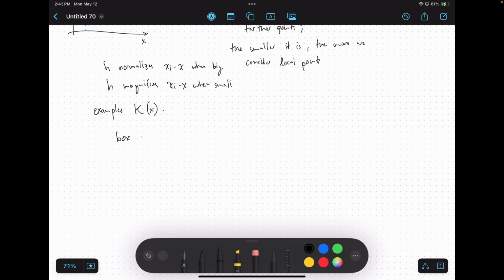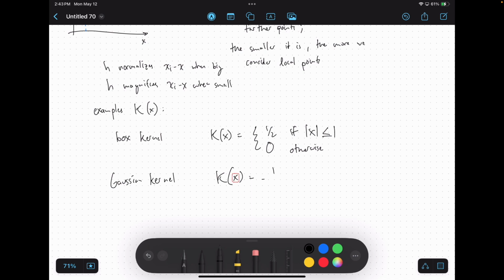One is the box kernel: k of x equals 1/2 if the absolute value of x is less than 1, 0 otherwise. You have a Gaussian kernel: k of x equals 1 over root 2 pi, exp negative x squared over 2.